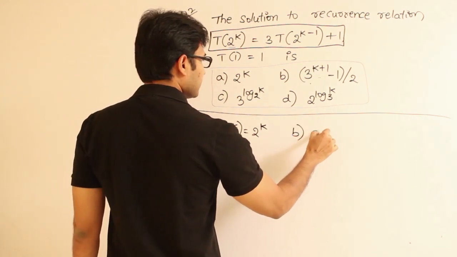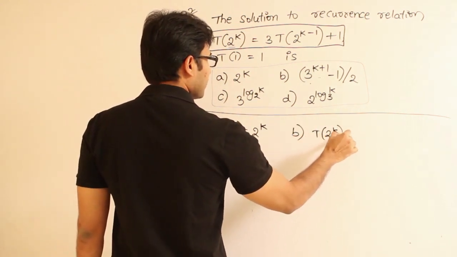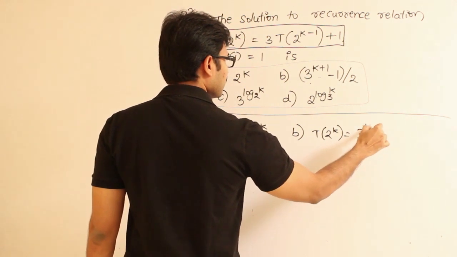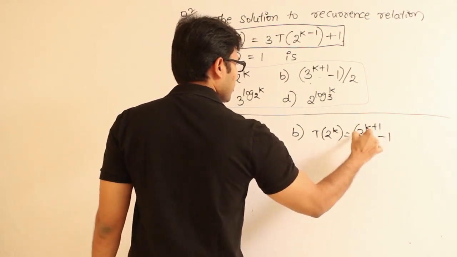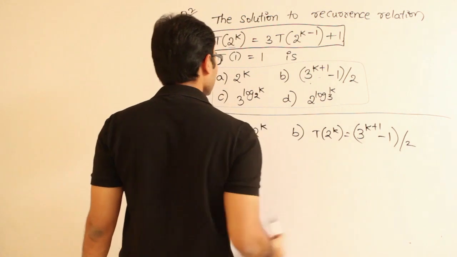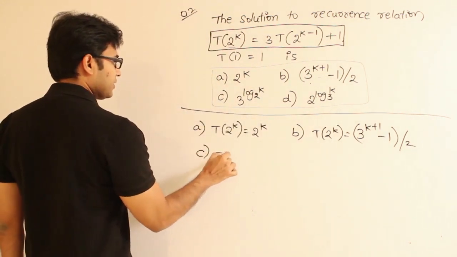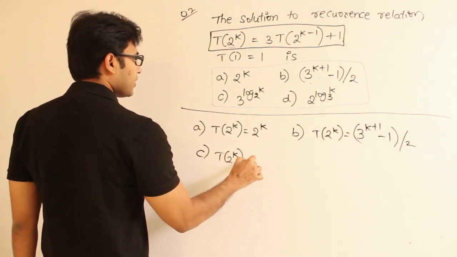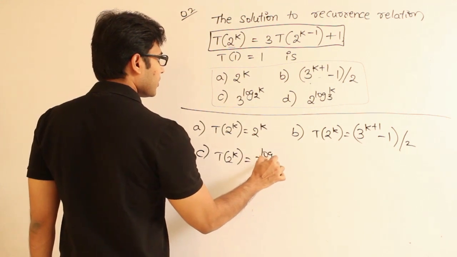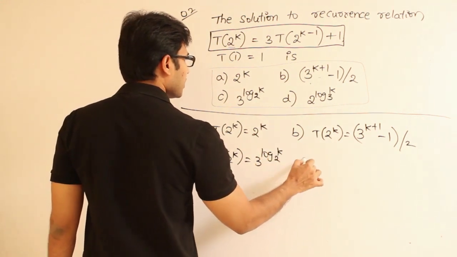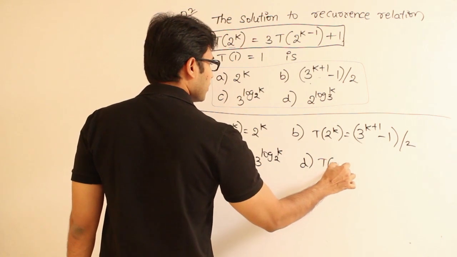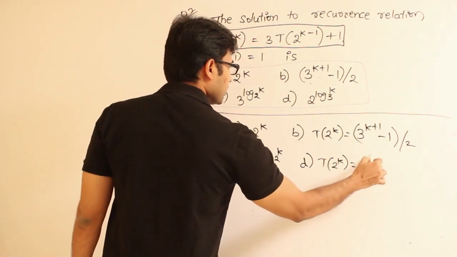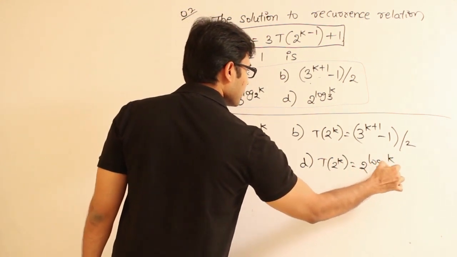And B is T of 2 power k equal to (3 power k plus 1 minus 1) divided by 2. And C is T of 2 power k equal to 3 power log k base 2. And D is T of 2 power k equal to 2 power log k base 3.